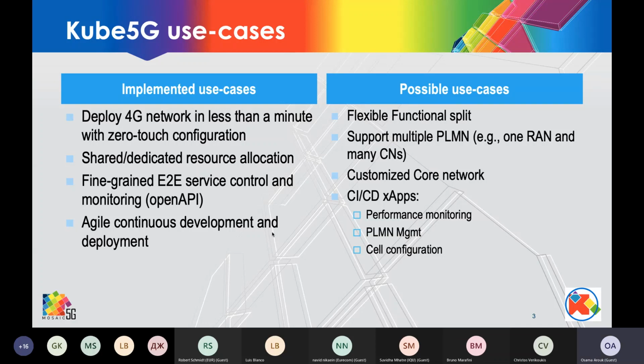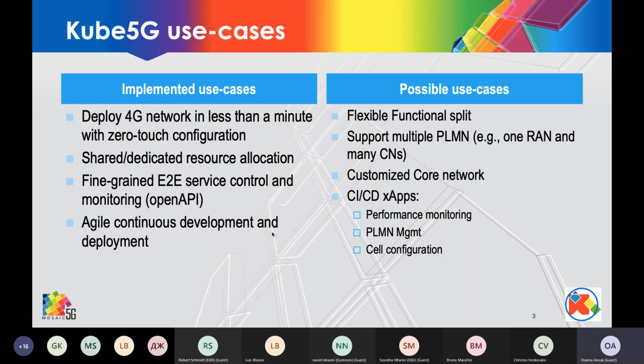Additionally, Kube5G supports shared or dedicated resources, a feature exploited directly from Kubernetes, where you can define whether a certain function or service needs dedicated resources or can be shared. Kube5G also provides fine-grained end-to-end service control and monitoring using OpenAPI, which is mainly for the snaps, as Navid presented.